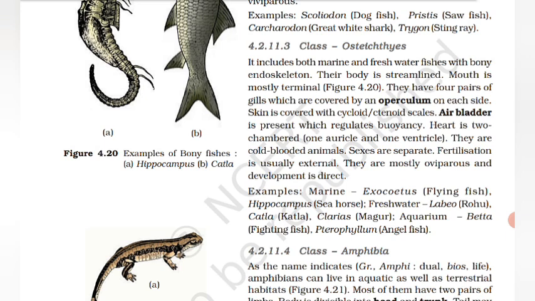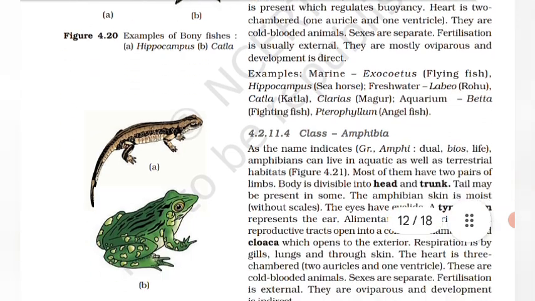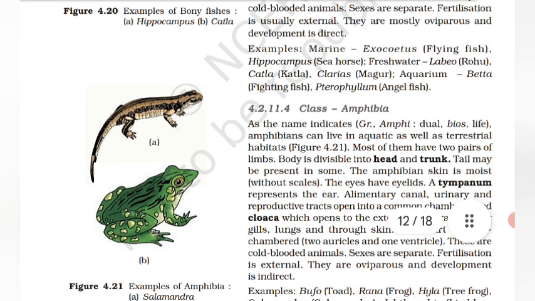The digestive tract of birds has additional chambers, the crop and the gizzard. Heart is completely four-chambered. They are warm-blooded, homeothermous animals, able to maintain a constant body temperature. Respiration is by lungs. Air sacs connected to the lung supplement respiration. Sexes are separate. Fertilization is internal.